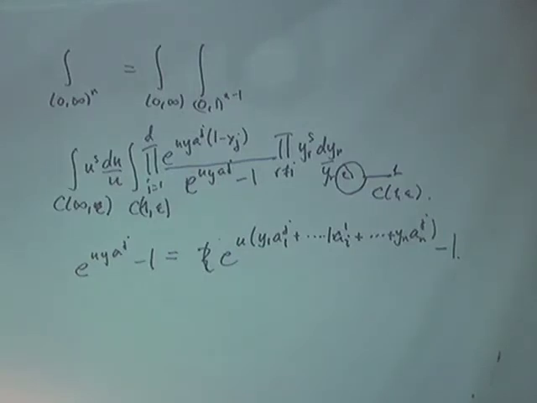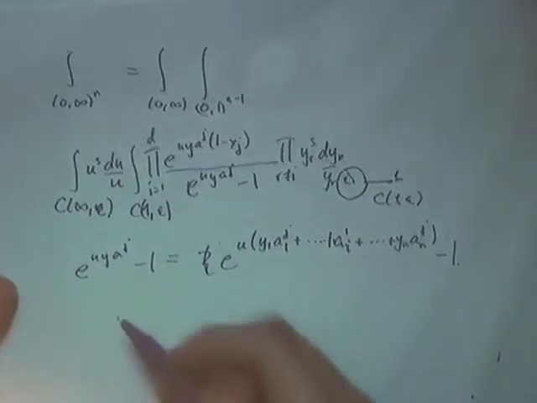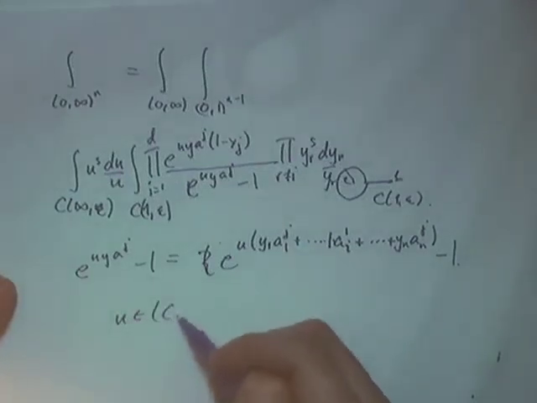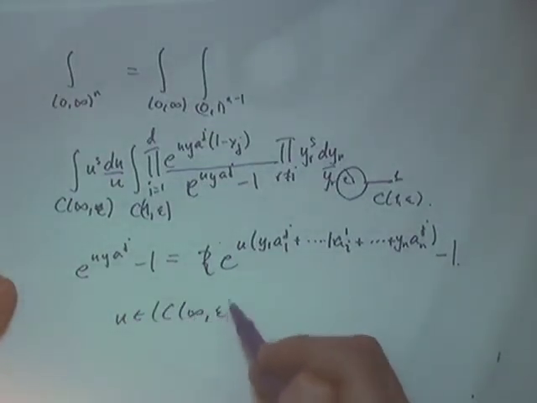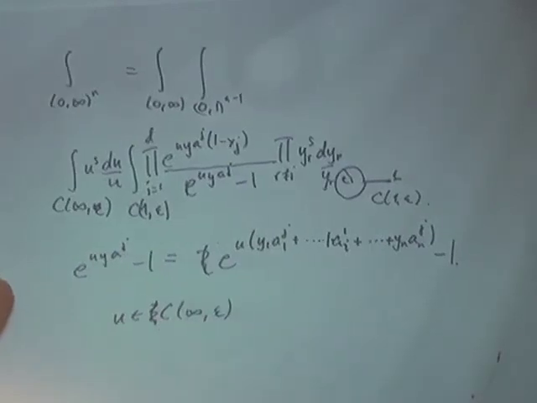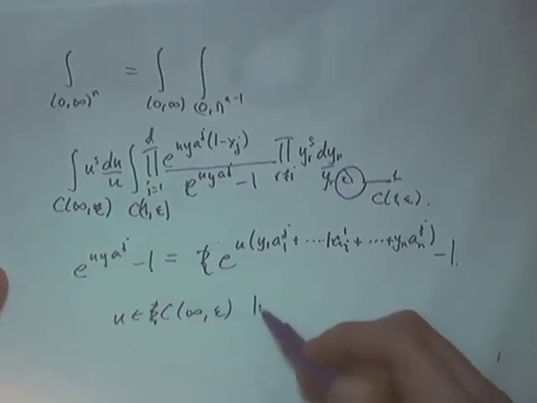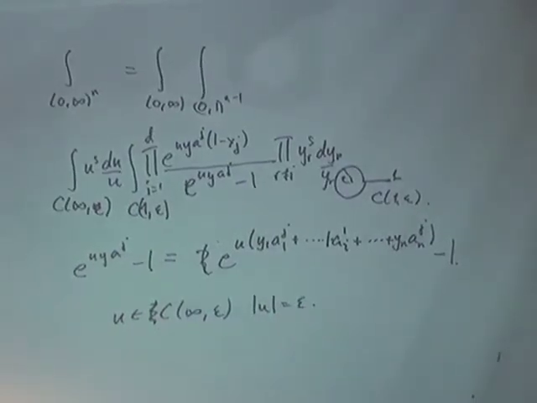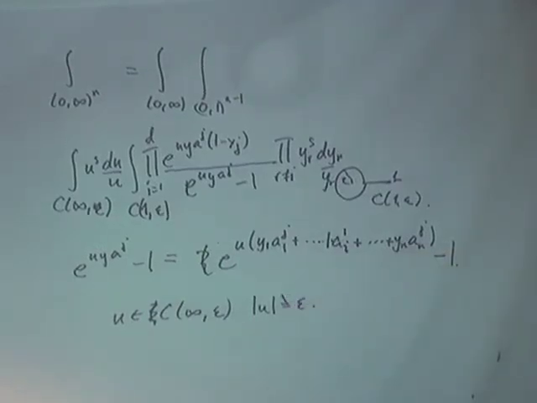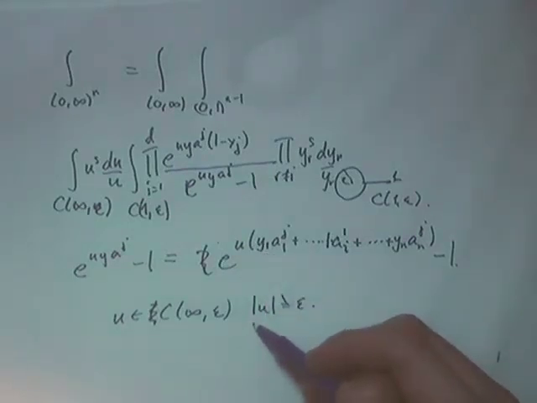And let's see what happens if we take our point u to be on the Hankel contour. So let's take u to be on C_{infinity,epsilon}, which means that the modulus of u is at least epsilon. So this u is not 0.